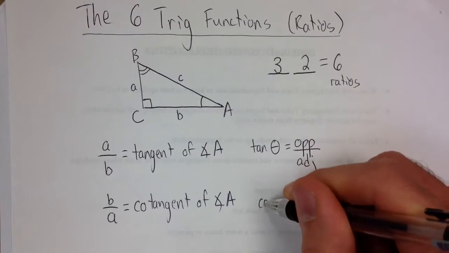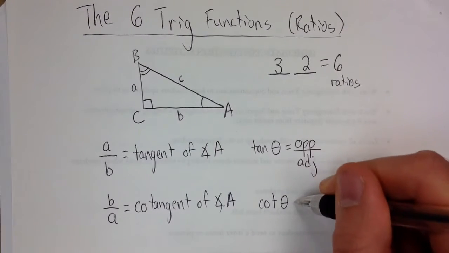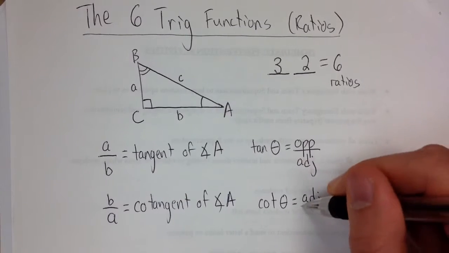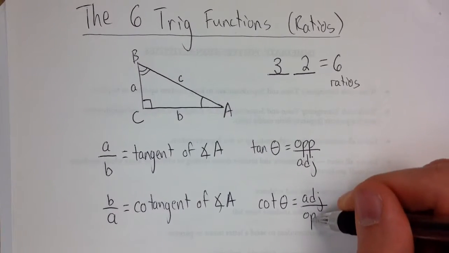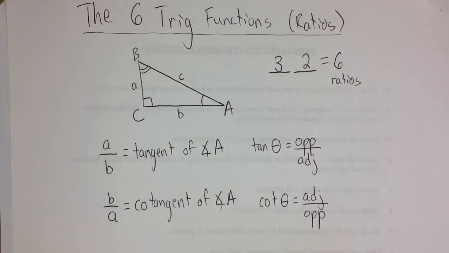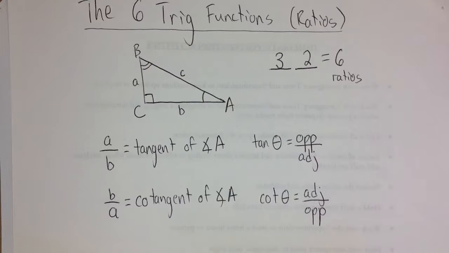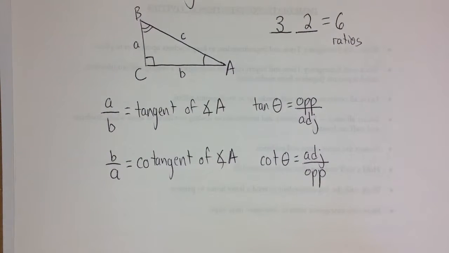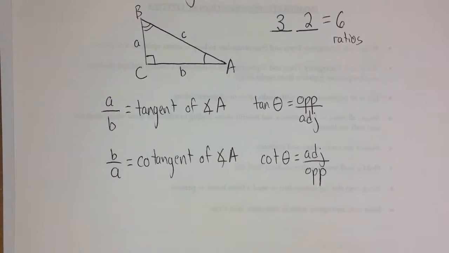And in general, the cotan of an angle, or the cotangent of an angle, is the ratio of the side adjacent that angle to the side opposite that angle. So as you will see, these are just names that we have given ratios, and we ask that you memorize them, because we will be using them a lot.